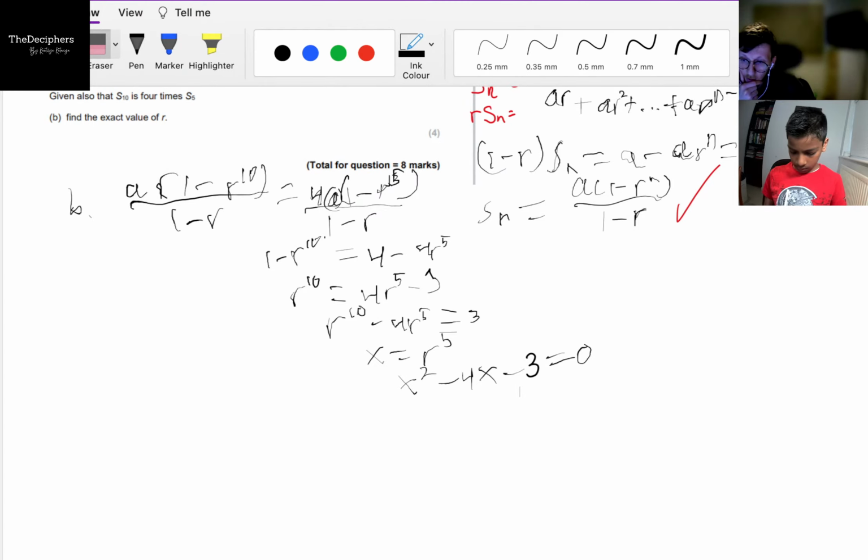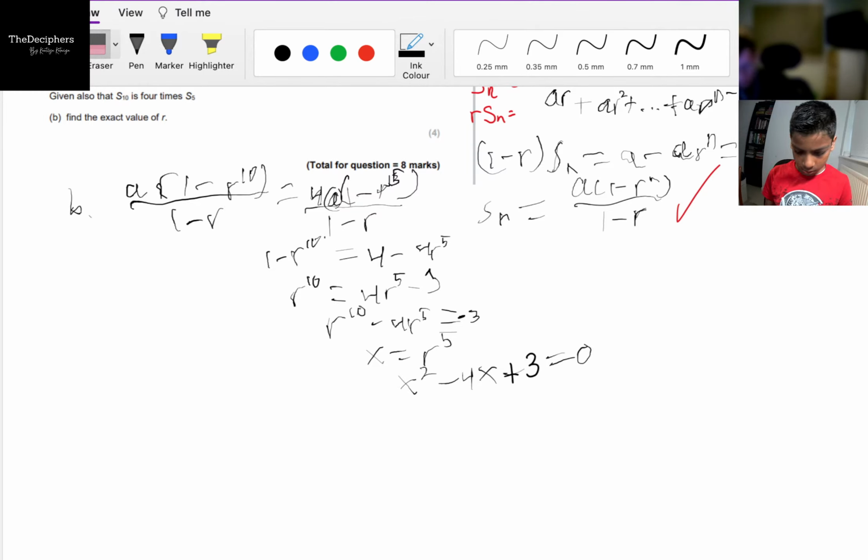It solves quite easily. I got the solutions as 2 plus root 7 and 2 minus root 7.